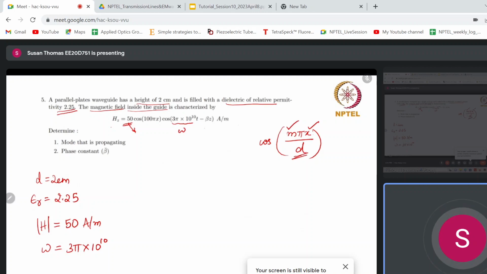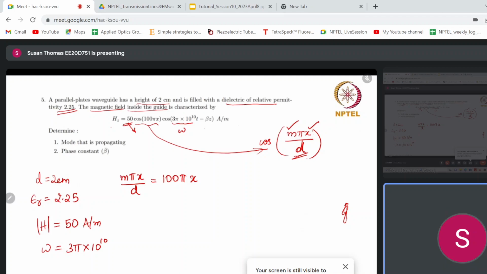If you equate this to the given expression, m pi x by d is equal to 100 pi x.